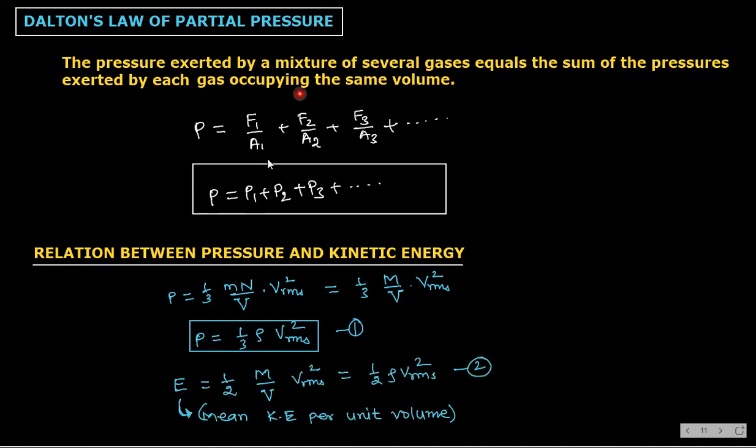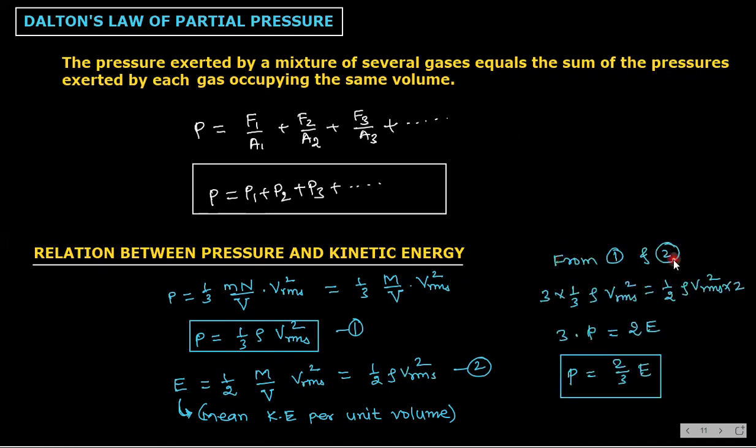Next, now mean kinetic energy per unit volume. This is not only half mv square, okay? This is mean kinetic energy per unit volume, means energy per unit volume. That's why you are getting one extra factor here, that is V. So 1 by 2 m by V Vrms whole square, and this is nothing but half rho Vrms whole square.